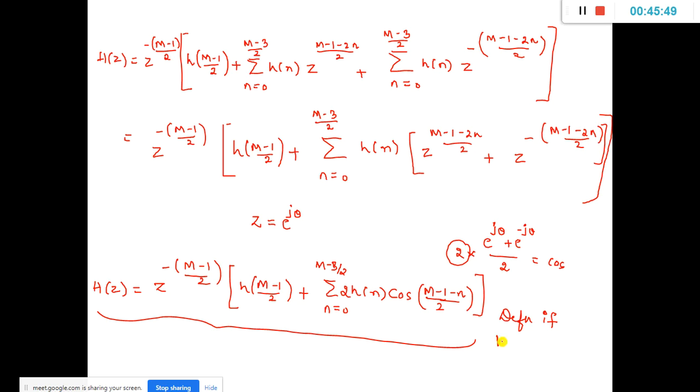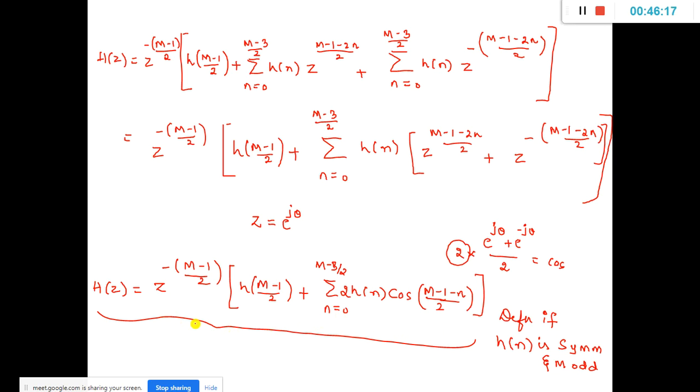When h of n, its impulse response, is symmetric and m is odd. So if my h of n is symmetric in nature and the number of samples is odd, then my frequency response h of z will look like this.